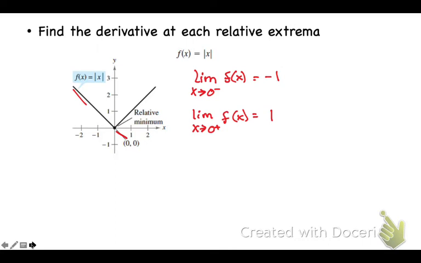Can you just refresh my brain on why the limit is negative? Because the slope is what? -1. This is the parent function for absolute value. Why can't it be like -2? Well, it could be, but this is just the absolute value of x. So the slope of the absolute value of x is -1 and 1.